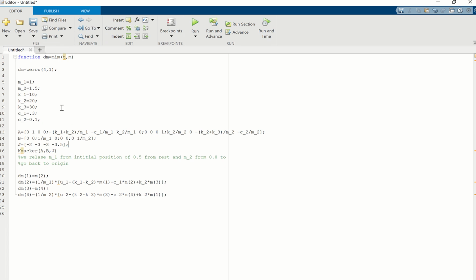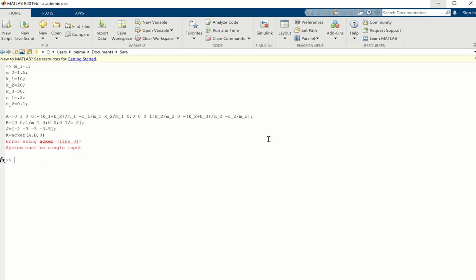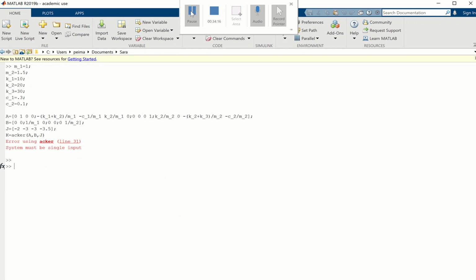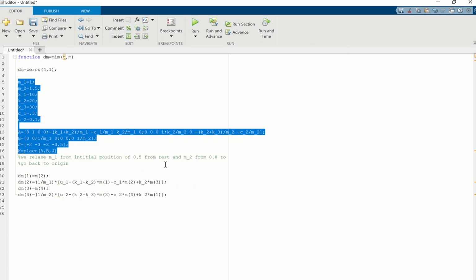Now look here. If I run this part only, it says the system must be single input. Why does this give such an error? Okay, I know what happened.